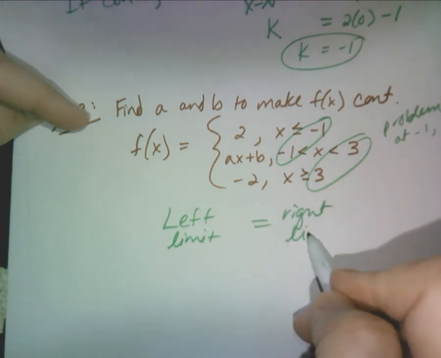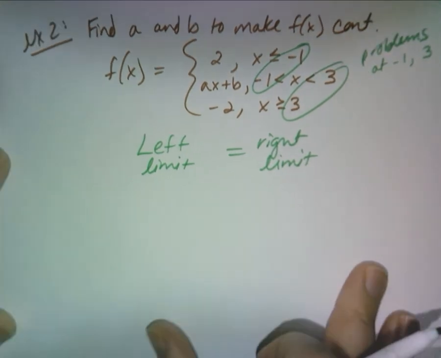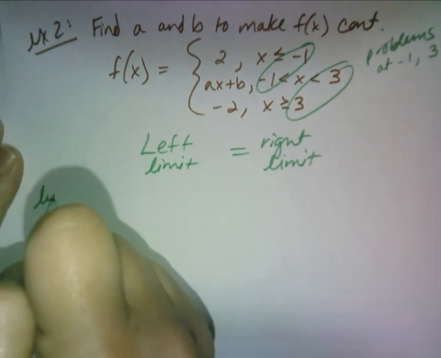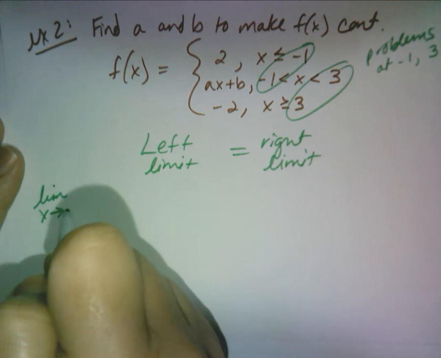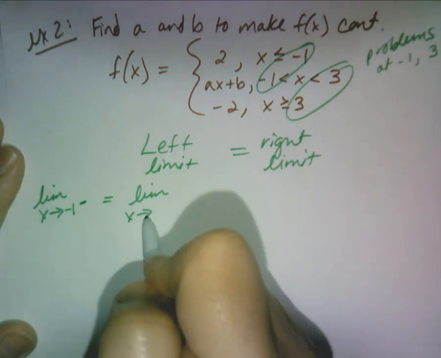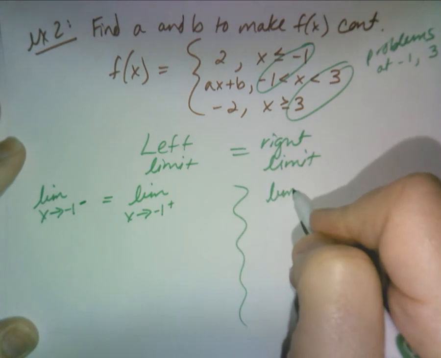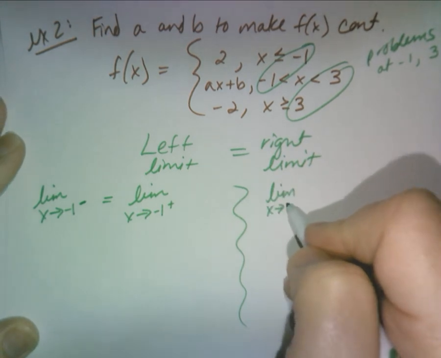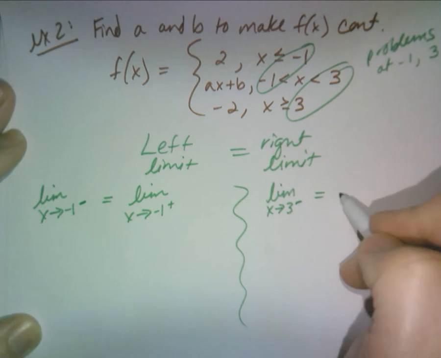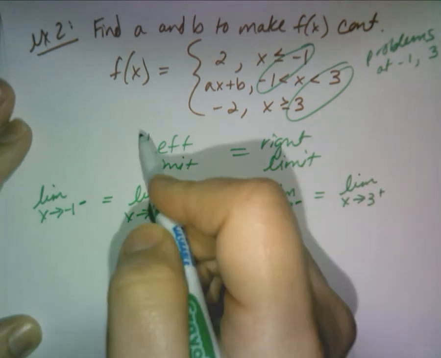That's the whole point of most of what we're doing. So I need to check that the limit as x goes to -1 from the left equals the limit as x goes to -1 from the right. And I need to check that the limit as x goes to 3 from the left equals the limit as x goes to 3 from the right.